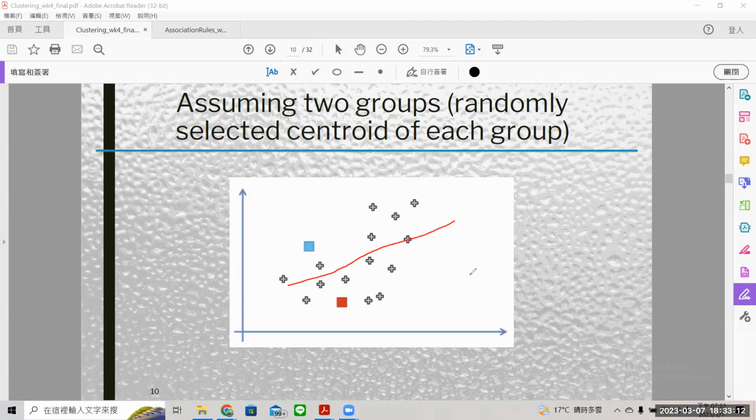Different people may have a different separation line like this. Okay, I use this. In such a case, we know 1, 2, 3, 4, 5, 6, maybe this one also, 7. These 7 points, we can compute the centroid, the center of gravity of these 7 points. So you can get one center point, for example, like this blue one.